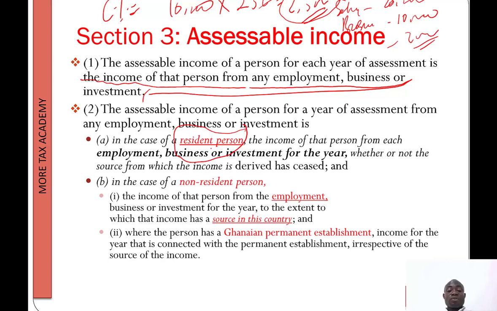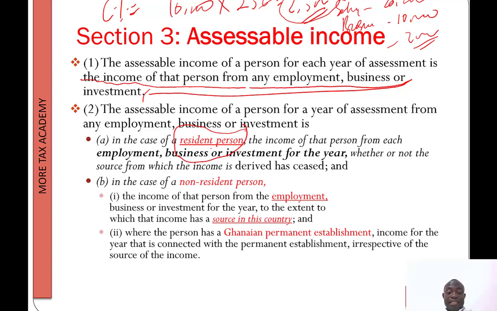And even if the source has ceased, so you were working, your employment got terminated, then you came home, then some years later you are told that there was some money that you should have received, so the money has now come. Yes, the employment has ceased, but the income is coming. The law says that whether or not the source has ceased, it is still an income, and we must add it to your assessable income. So that is resident.